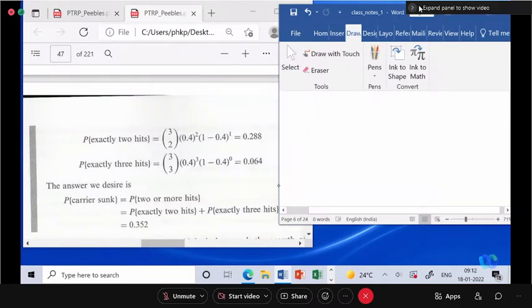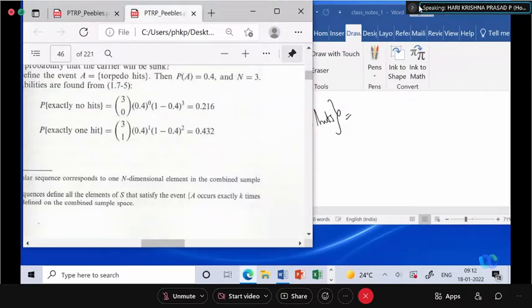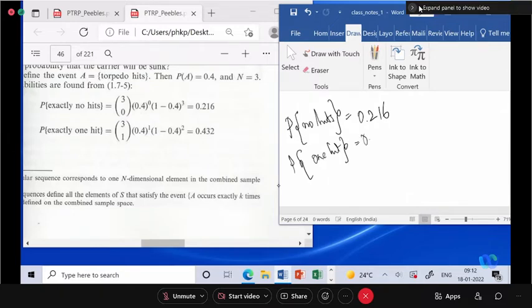Okay, what I'm writing is probability of no hits, that is given by 0.216. Okay, then probability of exactly 1 hit, it is given by 0.432.